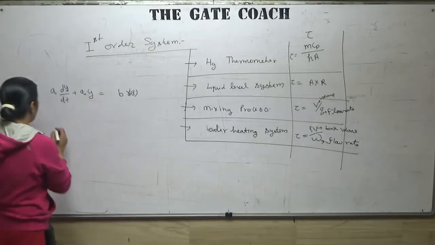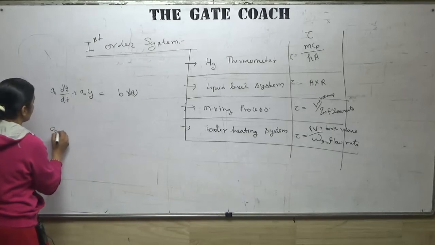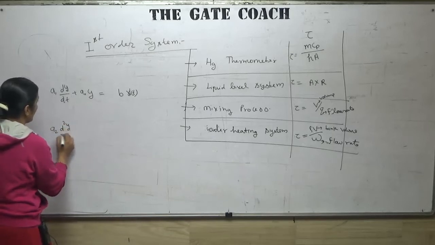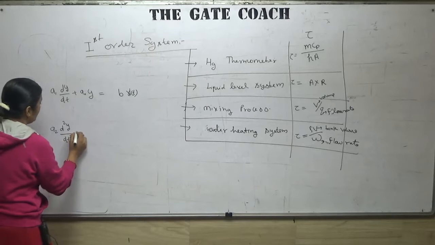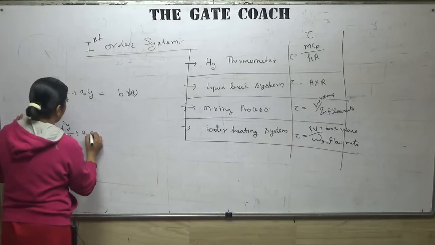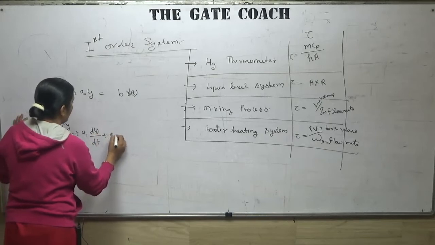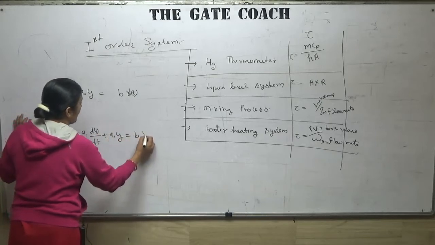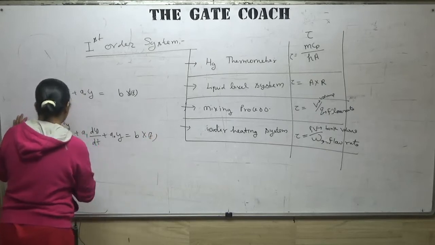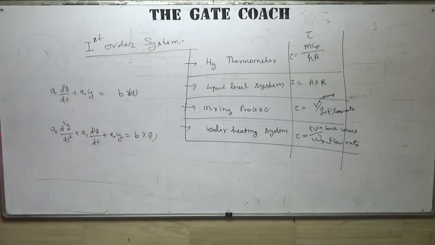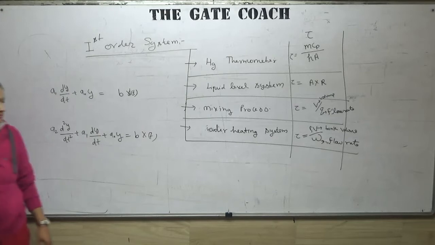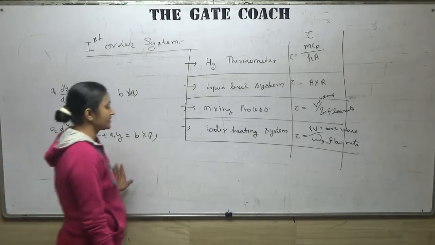And if it is a second order equation, a2 d2y/dt2 plus a1 dy/dt plus a0 y equals b x(t), then we say this is a second order system.